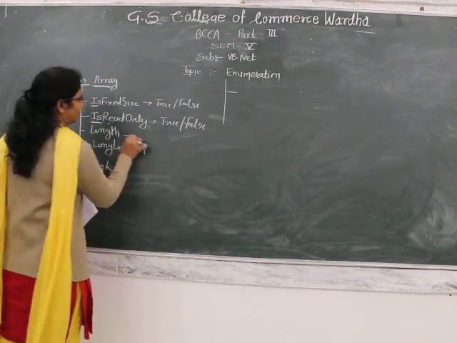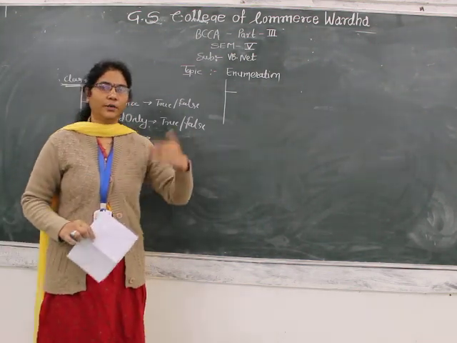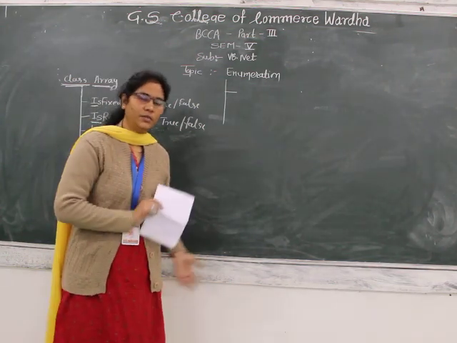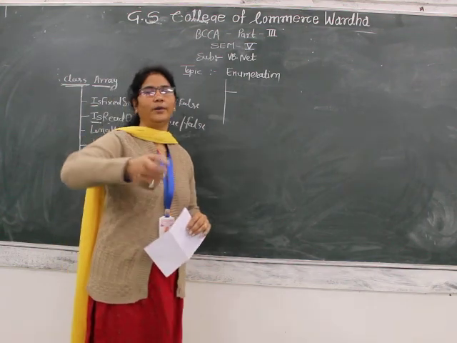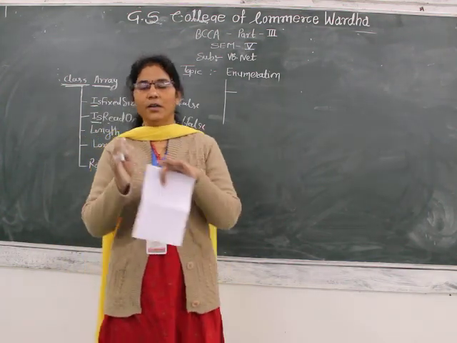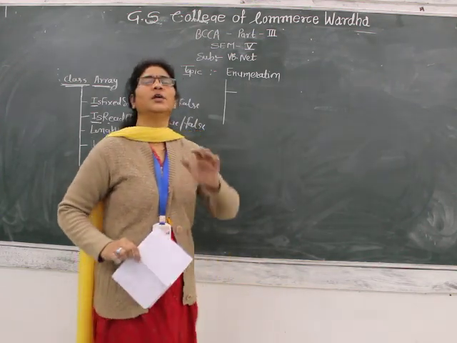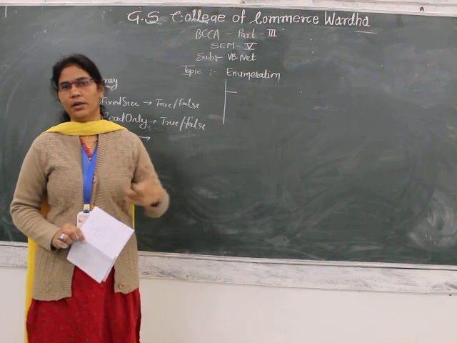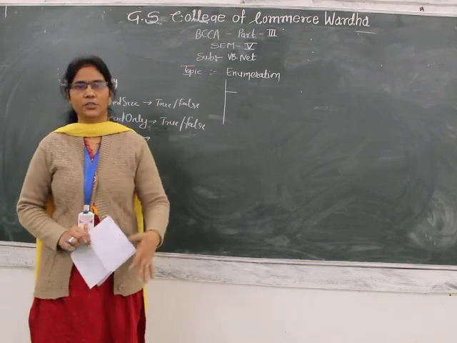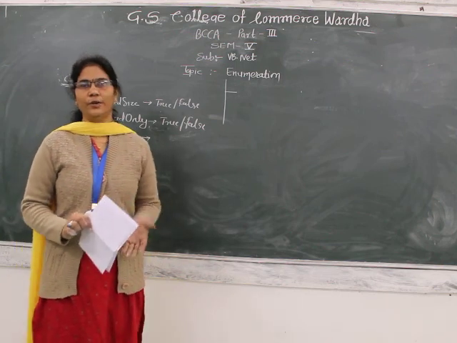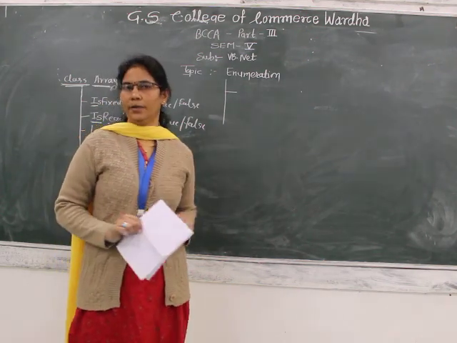Then Length. If we want to increase the length of an array in a dynamic situation, it is necessary to know how many elements we can store. If the length of that array is sufficient for us, then we do not need to increase it. But if it is insufficient for storing the elements, we have to increase it, and that happens in a dynamic array only.